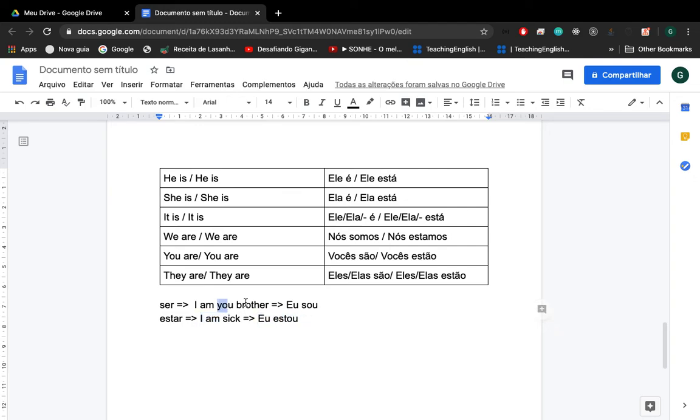Because the rest of the phrase, we haven't even learned any vocabulary enough for you guys to translate that. If you want to do that as an extra exercise, as an extra mile, good, great for you guys. But let's focus on the concept of I am. Which one is gonna be sou or estou?